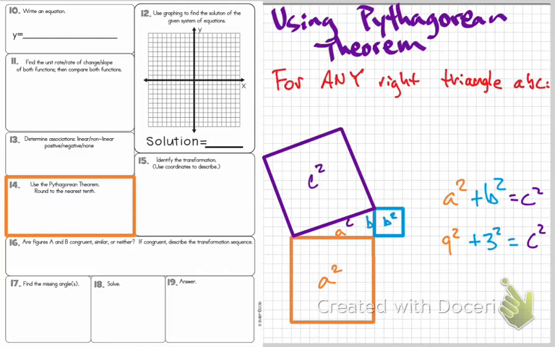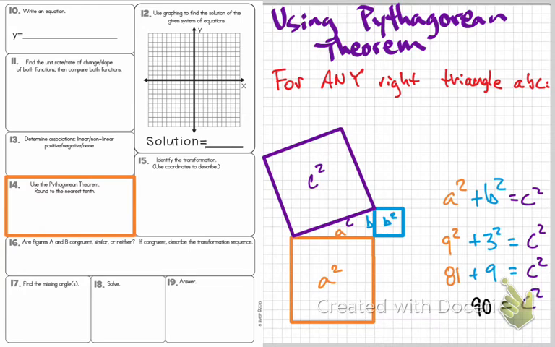And I can start to work this math out. I know that 9 squared is 81, plus 3 squared is going to be 9, and that has to equal C squared. Then I can put the squares of those two sides together. That would give me 90 is equal to C squared.